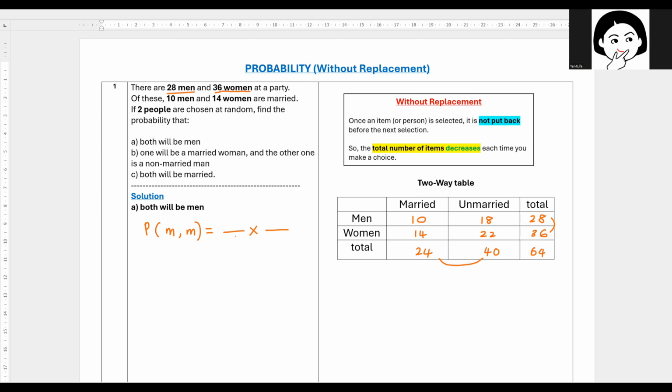We started with 64 people. And how many men are there? There are 28 of them. So I'll write 28. So we have 28 choices to pick, and then for the second pick, because I already picked first, I have 63 of them to pick from. And then there are 27 men left to pick.